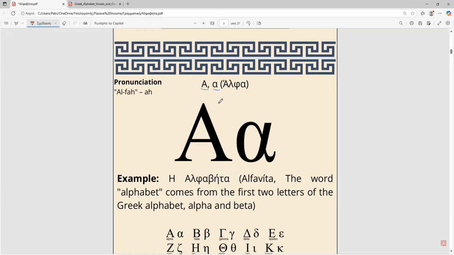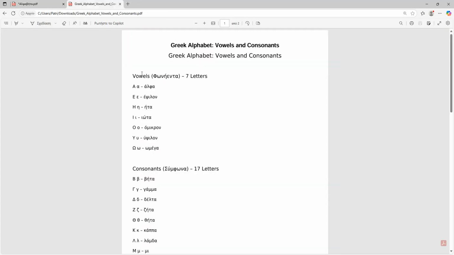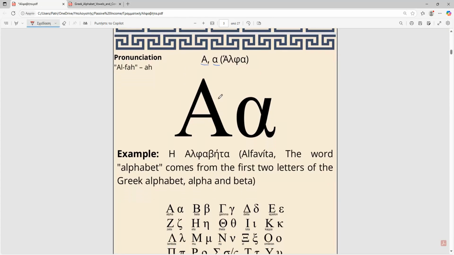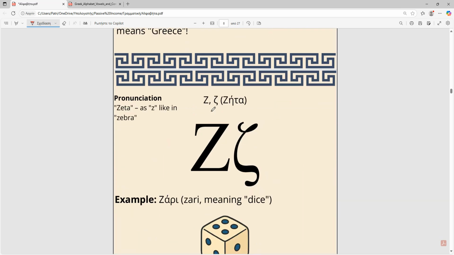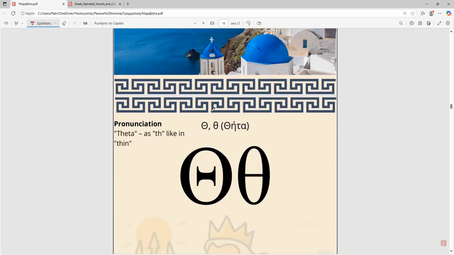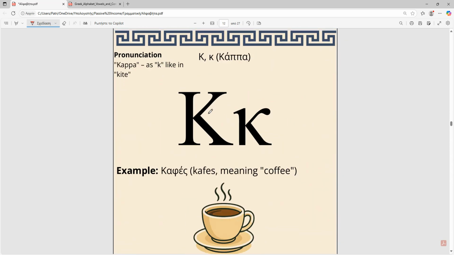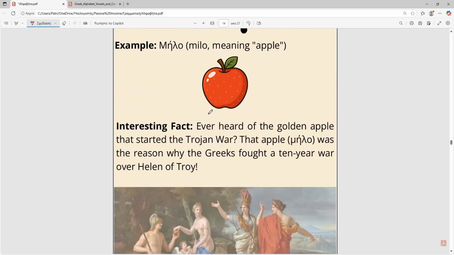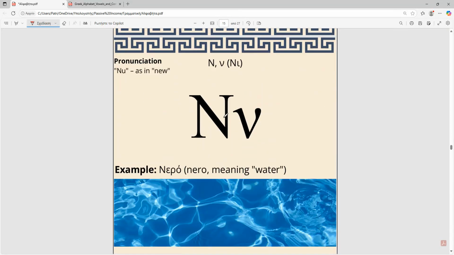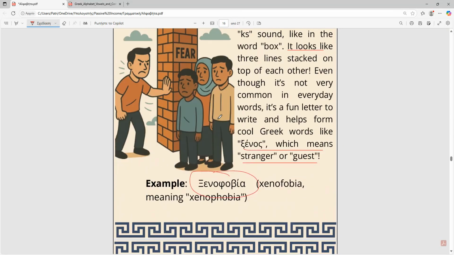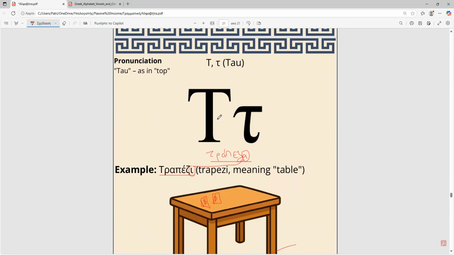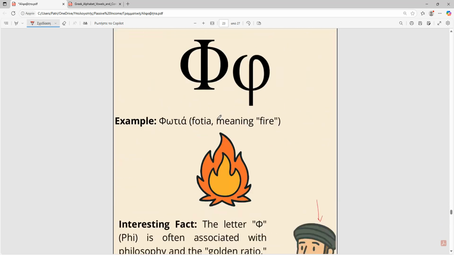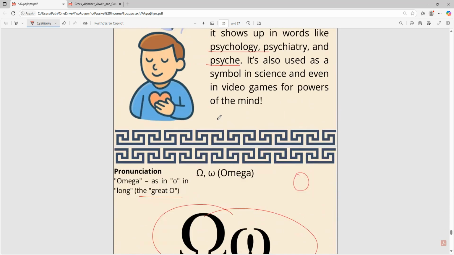We have 24 letters, 7 vowels and 17 consonants, and the letters are alpha, beta, gamma, delta, epsilon, zeta, eta, theta, iota, kappa, lambda, mi, ni, xi, omicron, pi, rho, sigma, taf, ypsilon, phi, he, psi, and omega.